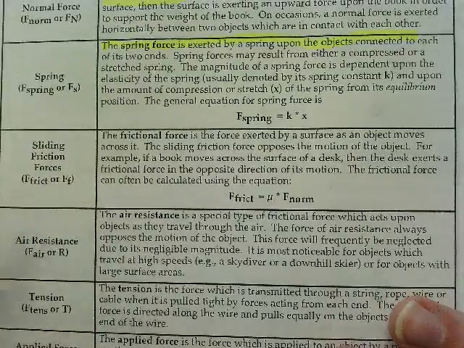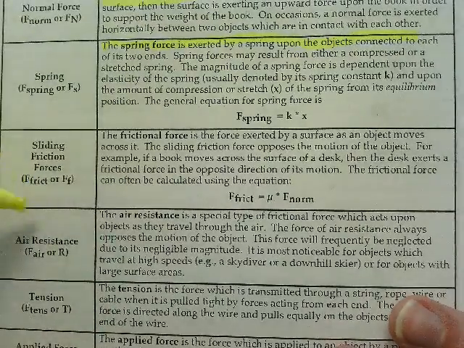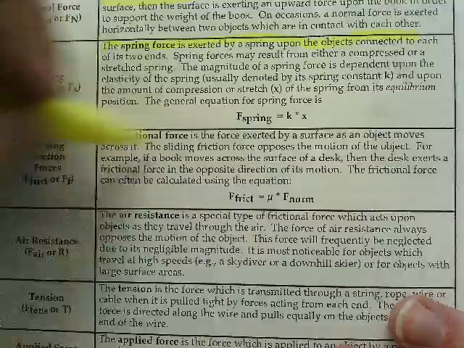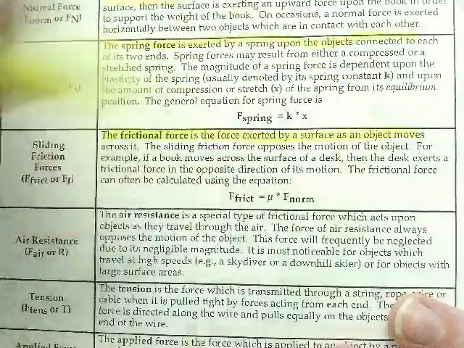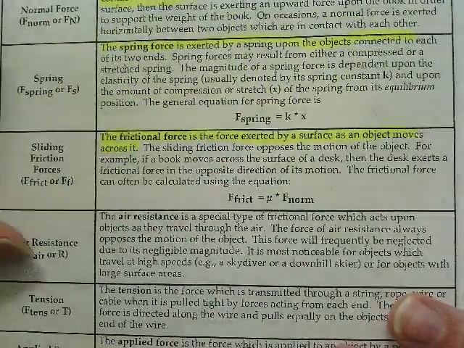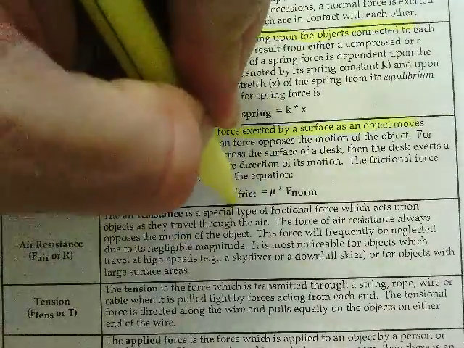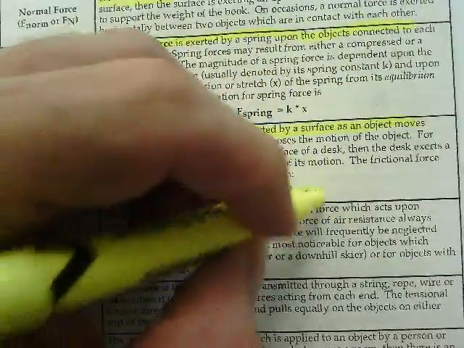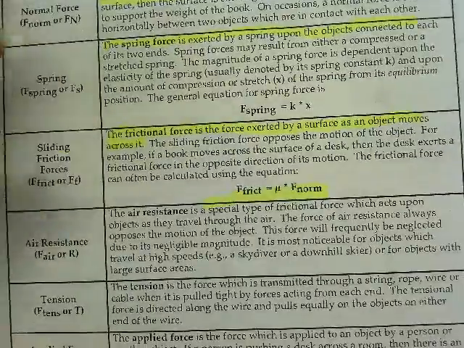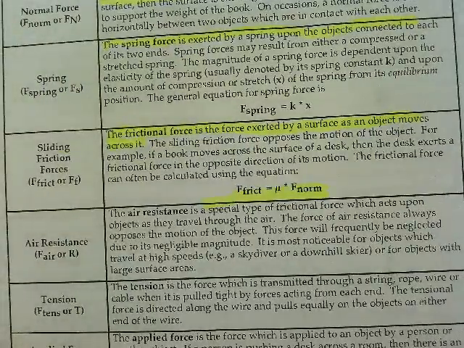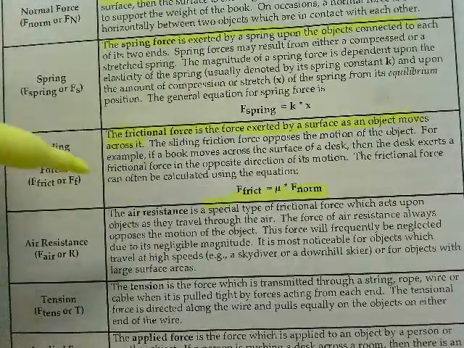All right, sliding frictional forces. Frictional force is a force exerted by the surface as an object slides across it. So the force of friction is little u times the normal force, which we will go over later on.